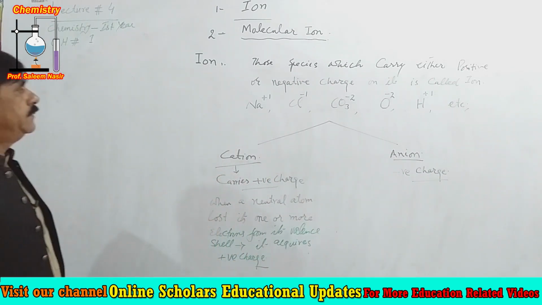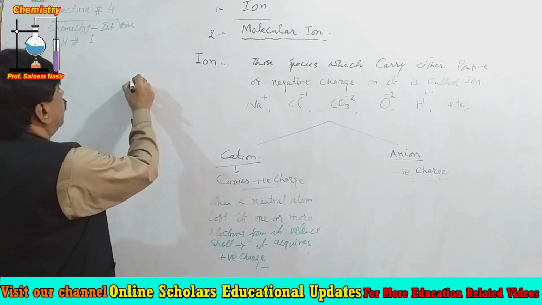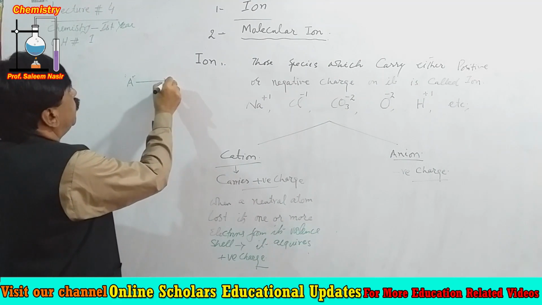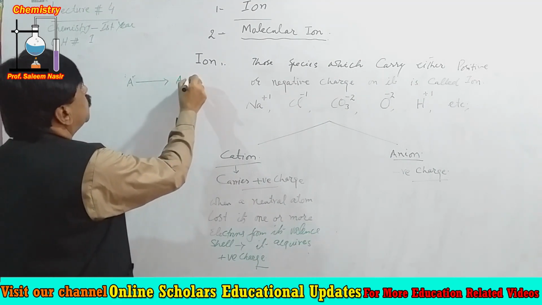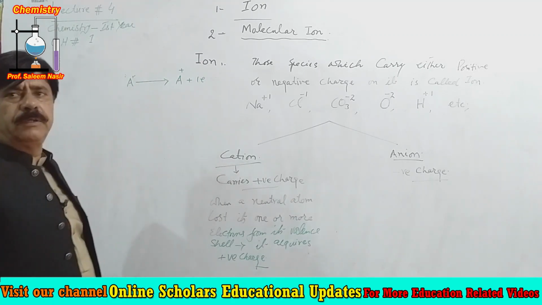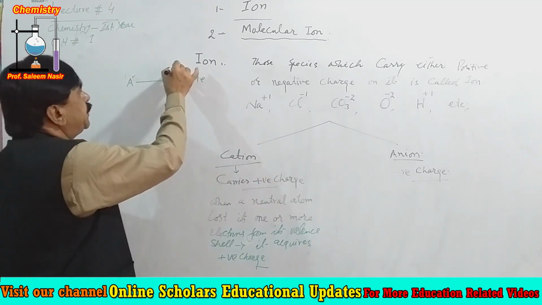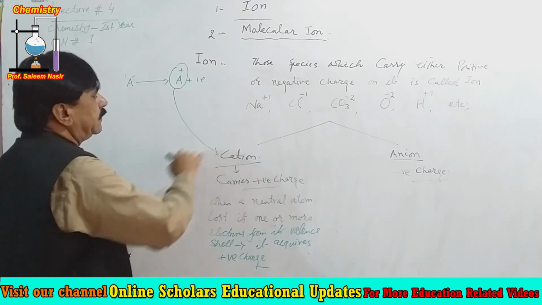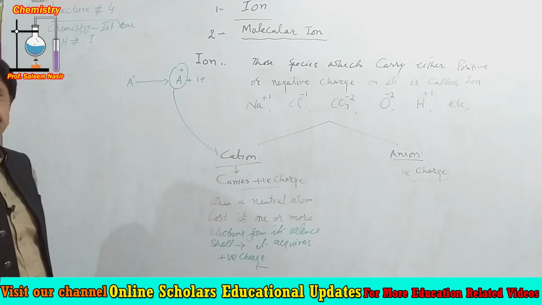For example, we consider A as an atom. When it loses its one electron, then it acquires the positive charge. So that species which bears the positive charge is called the cation.